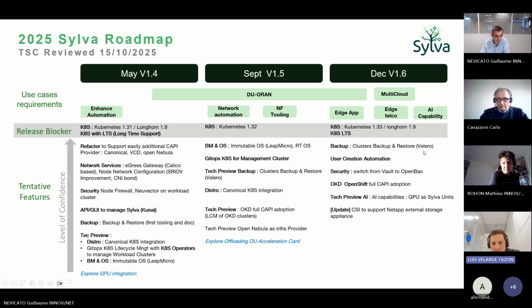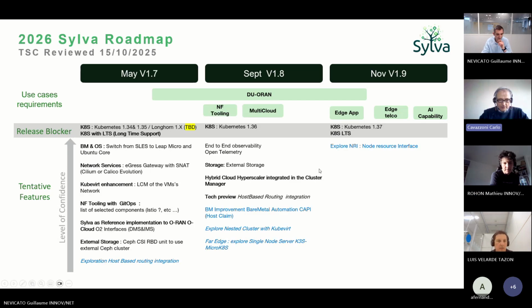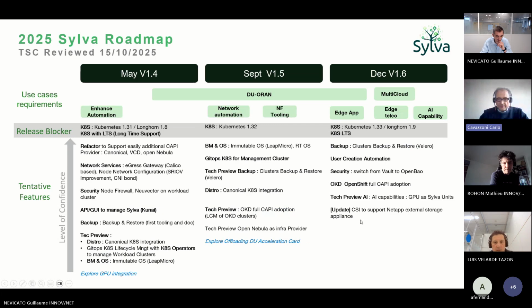Yeah, can you repeat which one? External storage with NetApp. Yes, we will need to support different providers, and NetApp is one of them. Is this for specific storage appliances, or is it a general one? So the NetApp CSI plugin is very generic. So you can use a large amount of NetApp appliances with the same CSI plugin. Okay.